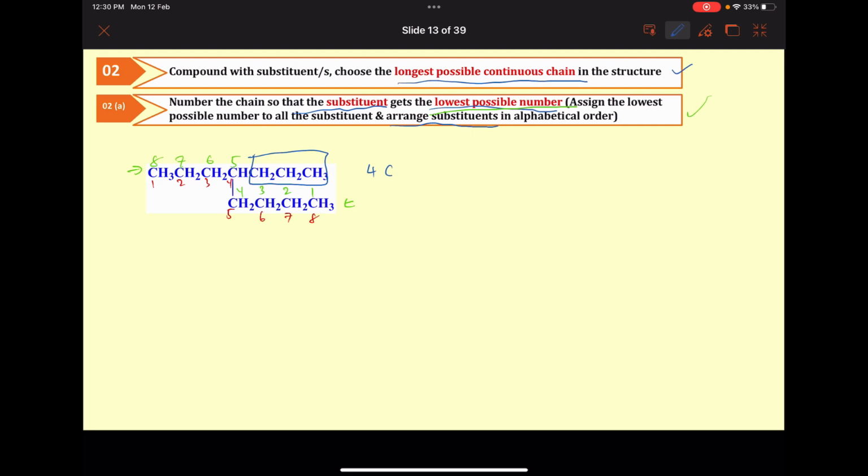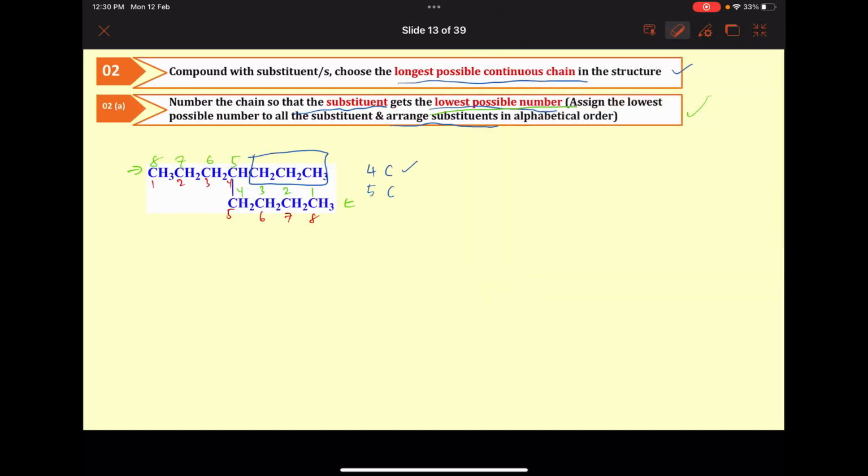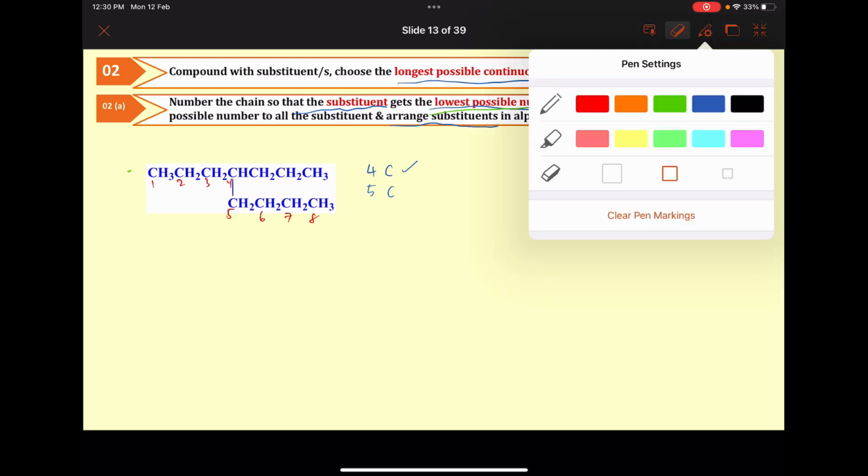But when we use the green root, the substituent attached at the 5th carbon. So which means by using step 2A, kita kena ambil yang the lowest possible number. So bermaksud kita kena guna the red root, then kita baru name the compound.